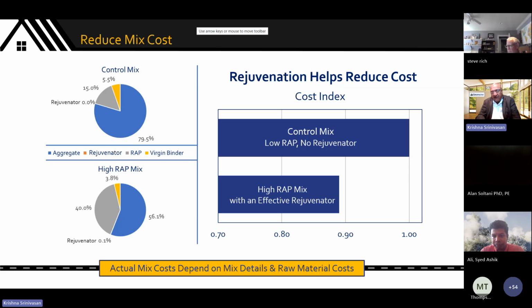Typically, well-designed high RAP mixes save the contractor anywhere from 5 to 15%, depending on his operations, depending on his cost input of various raw materials. Again, a proven fact across many different continents. And the reason for that is simple. By now, it should be clear to you guys. The use of an effective rejuvenator forces more and more of that RAP binder to behave like virgin binder, depending on how much dosage you've added, and how you've designed your mix. You can typically save costs.